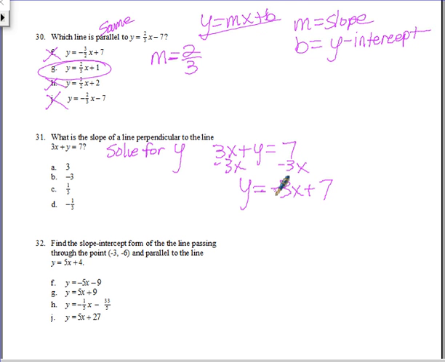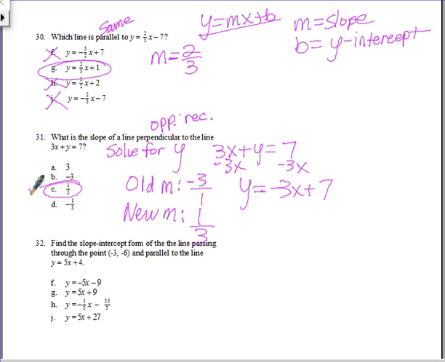So your old m is -3 over 1, rise over run. Perpendicular means opposite, reciprocal. Okay? So that means that we need to flip this fraction, and we need to change it from negative to positive. So your new m, flip it, so it's going to be 1 over 3, and then since this was negative, this has to be positive. So the answer is going to be C.